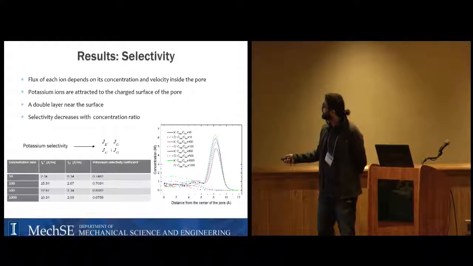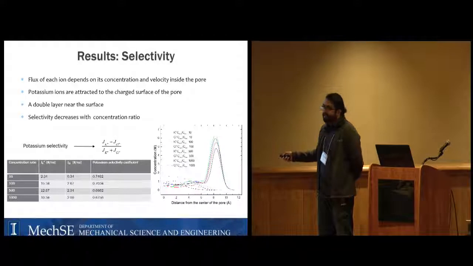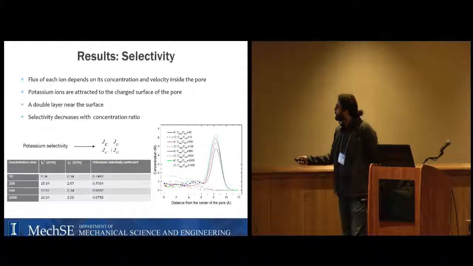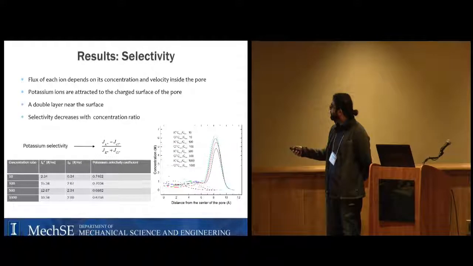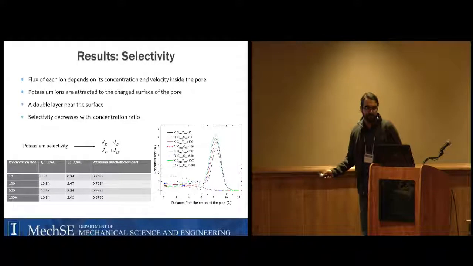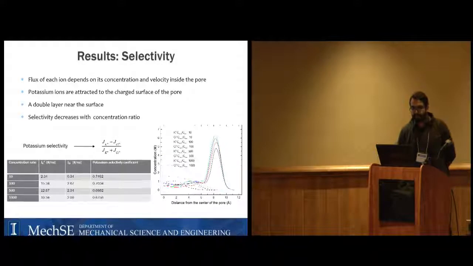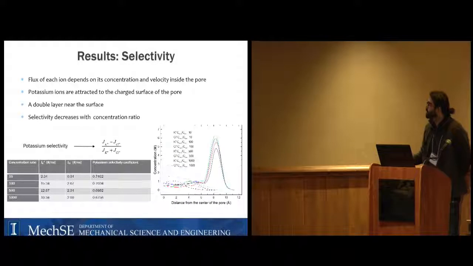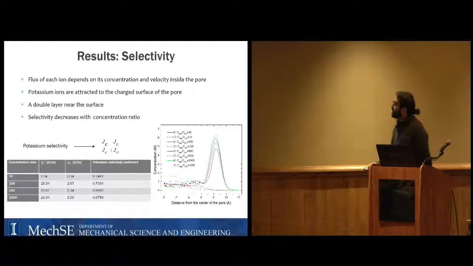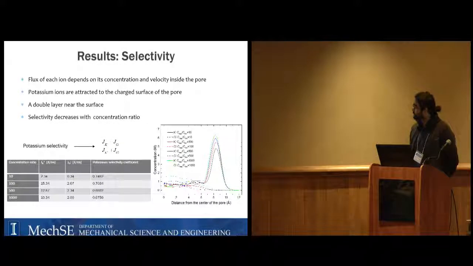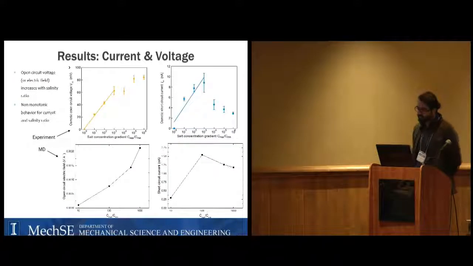As you can see, there's a double layer next to the charged wall, which is occupied by the counter ions, and that's also showing that we have a very large selectivity. If you look at the values here, 6 molar compared to the ones for the co-ions, we have a very large selectivity in this nanopore.